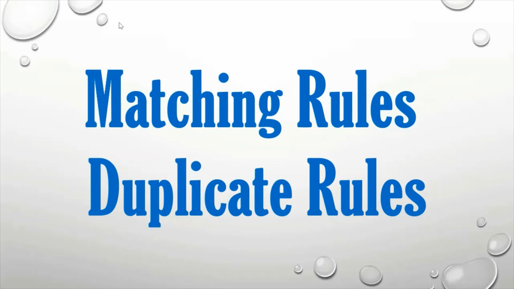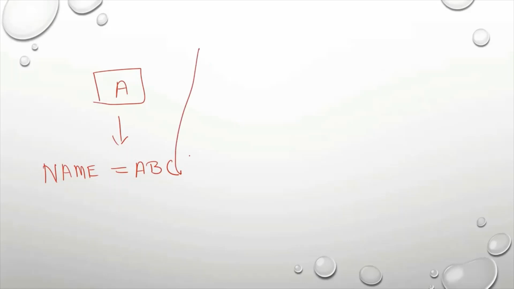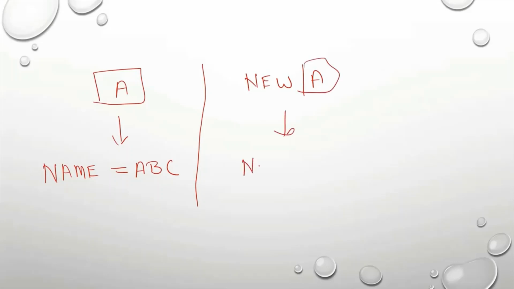I will start with an example, first the problem statement. For example, this is an account, and the name of this particular account is ABC. Now I'm creating a new account and I'm giving the name again ABC.